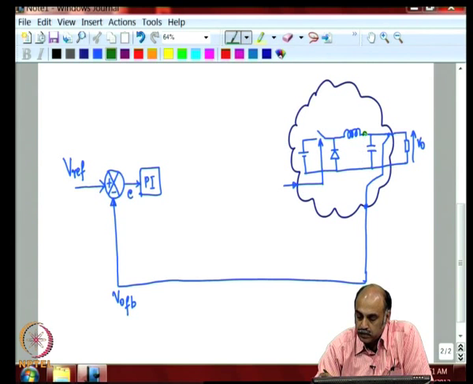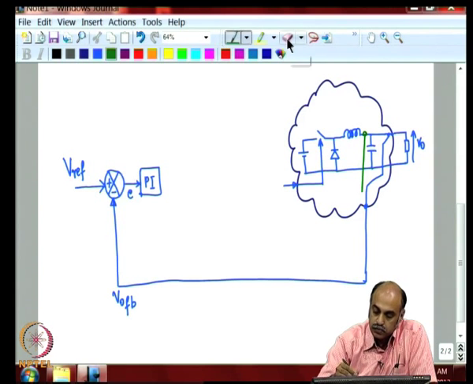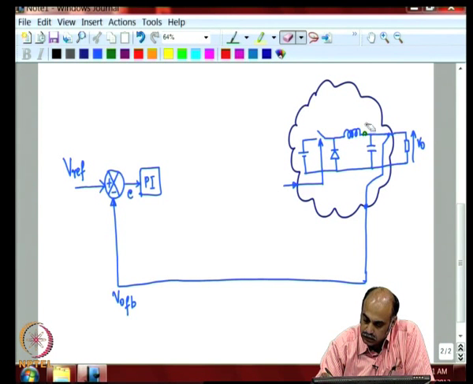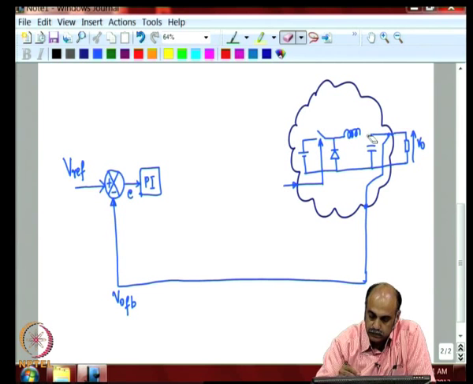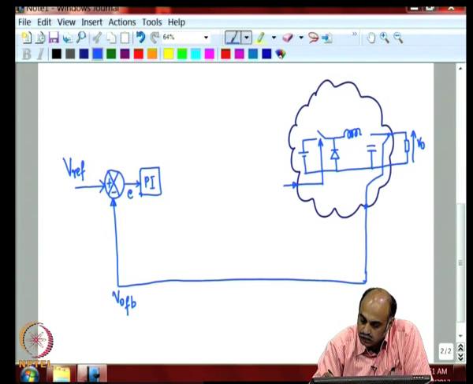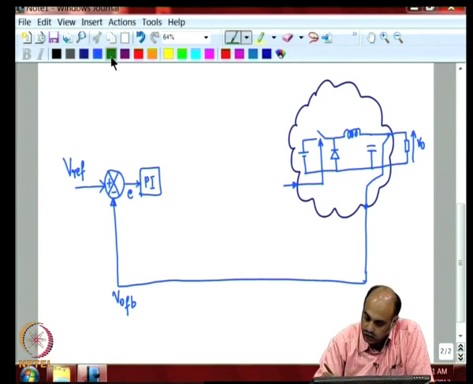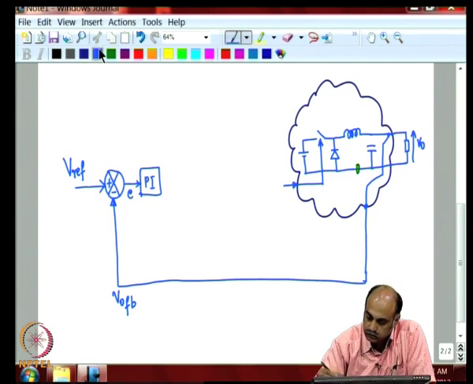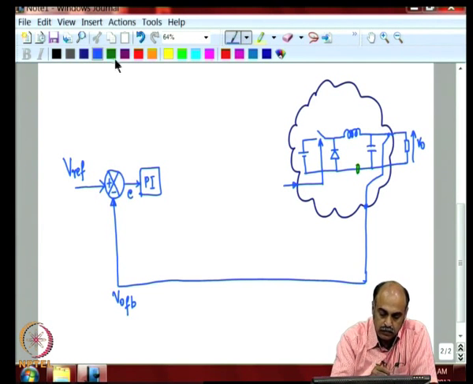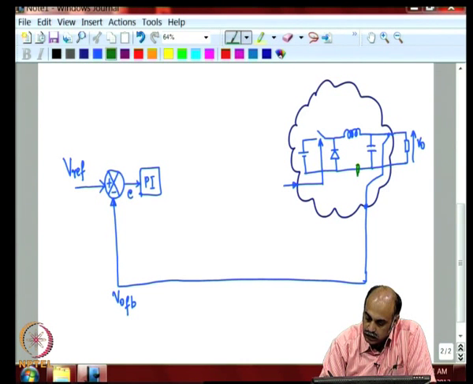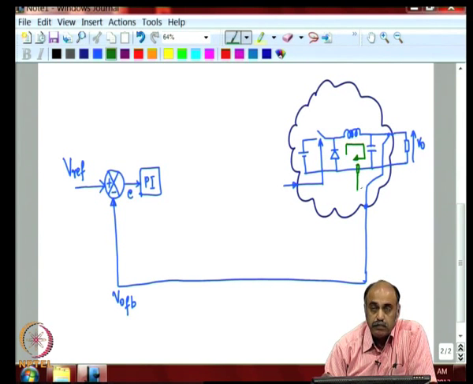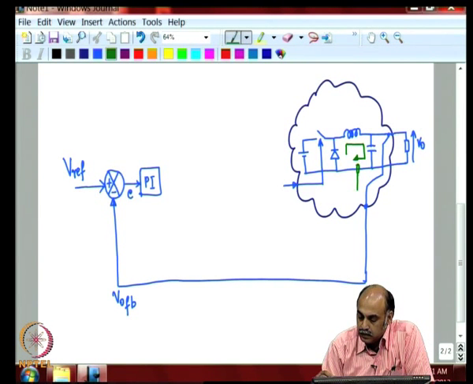It could be at this point, you could measure, or you could also measure here. So, this current also will basically be a measure of the inductor current, and there are few other places also you can take the inductor current.